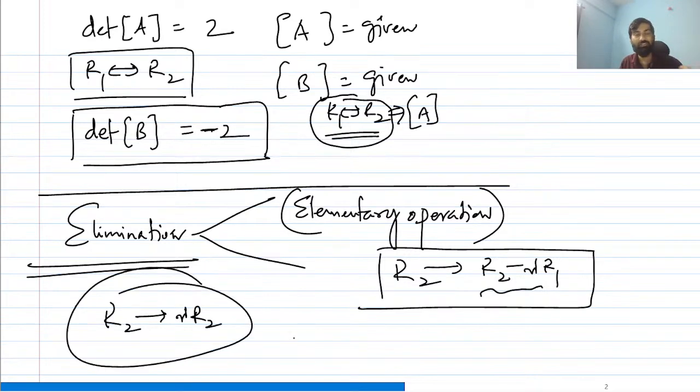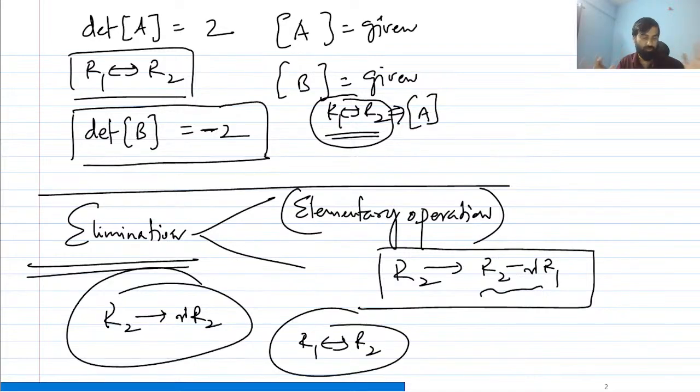You can also swap R1 and R2. These are the elementary operations, and they will not affect your solution. So whenever a system of linear equations is given, happily do anything until you reach your solution.